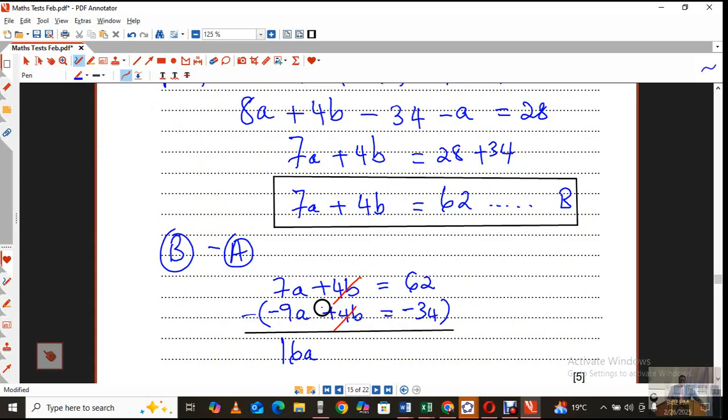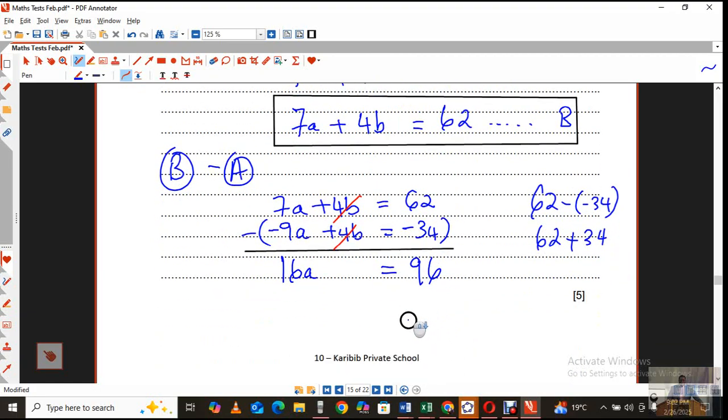Now 62 minus negative 34 is the same as 62 plus 34, that's 90 plus 6, which is 96. That's 96 over here. So we can calculate the value of a by dividing 96 by 16. Well, 96 divided by 16 is 6.